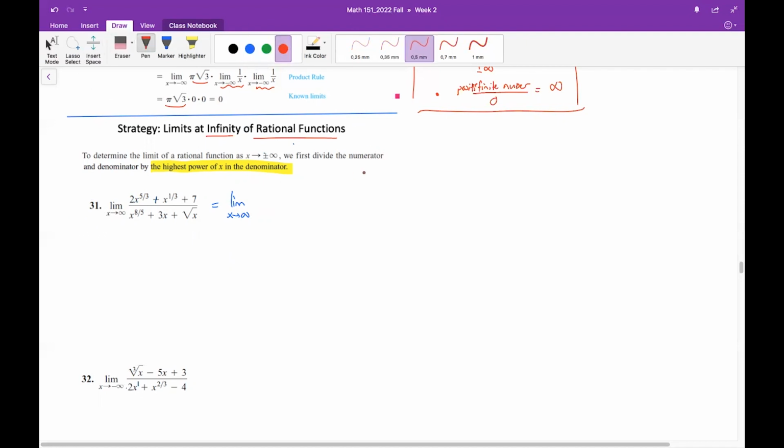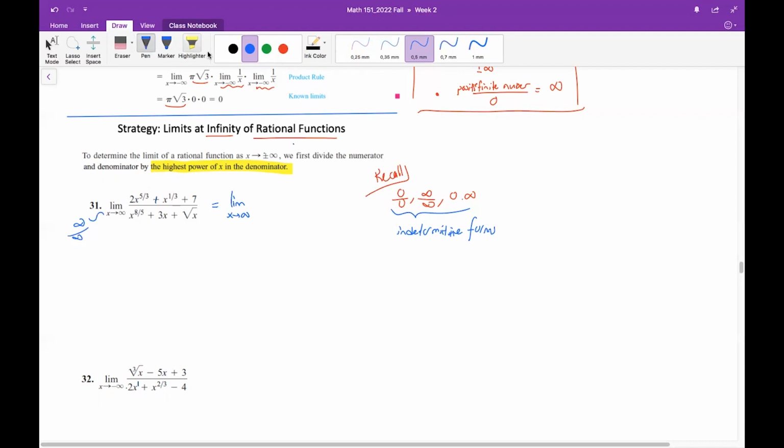I want to put another recall here about this. 0 over 0, infinity over infinity, 0 times infinity, they are all indeterminate forms. So here we have infinity over infinity, which is an indeterminate form, so we should invent something to obtain the result.